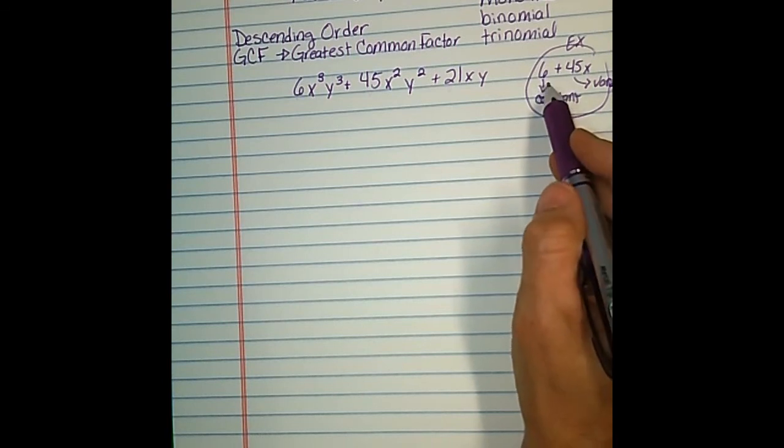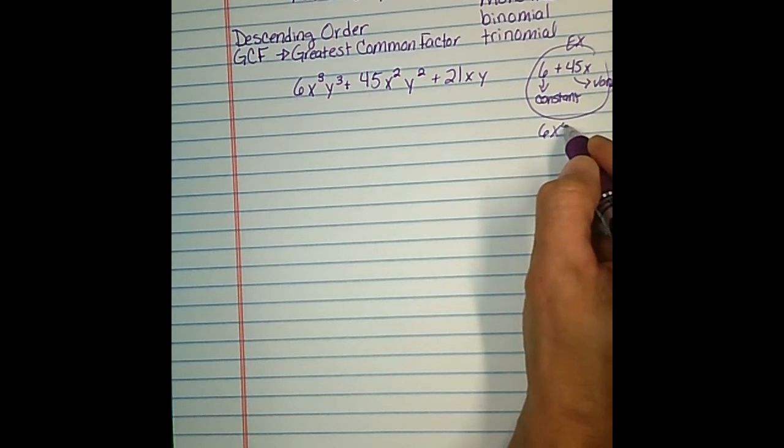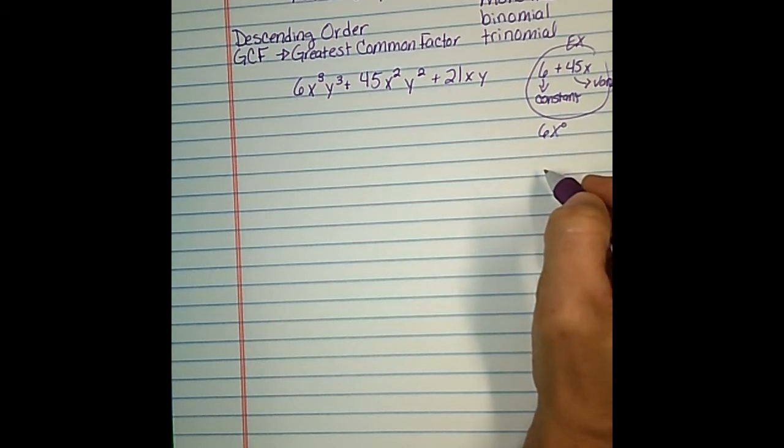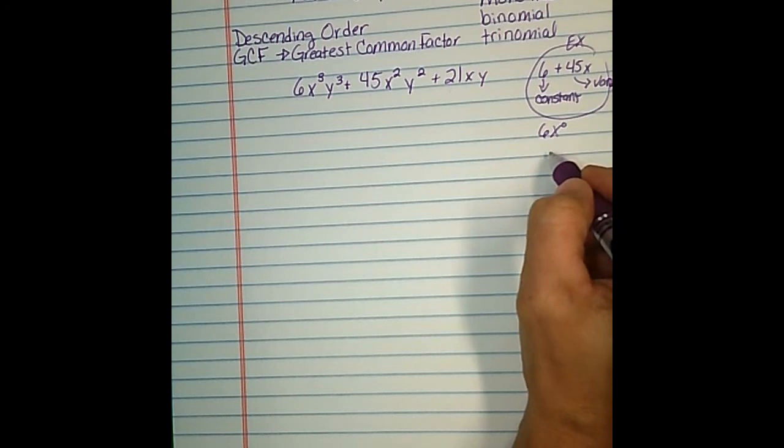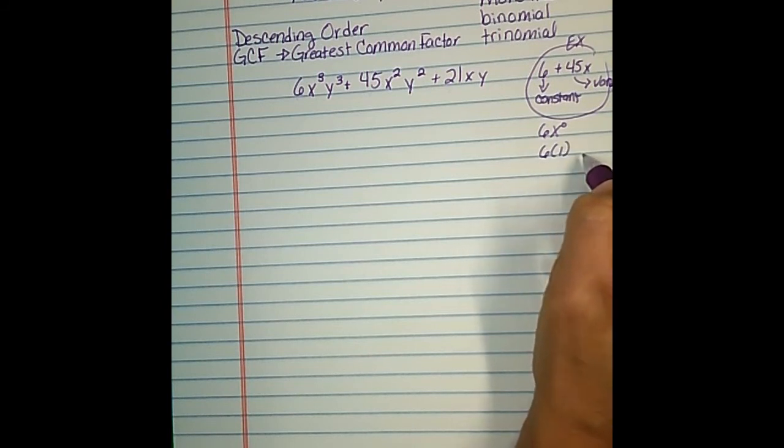And if I was to look at it, I would say 6 could have a variable on it, but that variable is raised to 0 power. And if you go back to the exponential rules, anything raised to 0 other than 0 is equal to 1, so 6 times 1. So it makes sense. We call it a constant term because it only has a number, no variable visible. And the coefficient is 6.